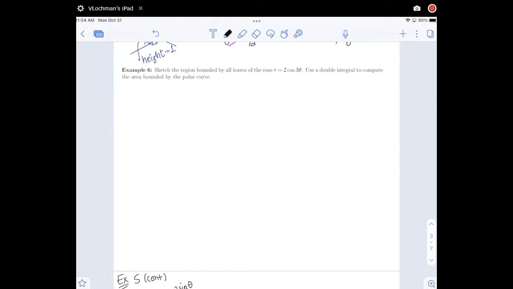All right, so we would use Desmos to sketch this curve. We would get something that looks like this. You're going to have one leaf here and one leaf over here and one over here. Okay, except it will look a little bit nicer than that.